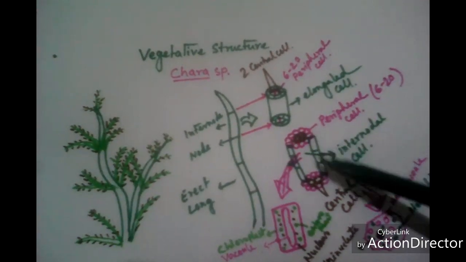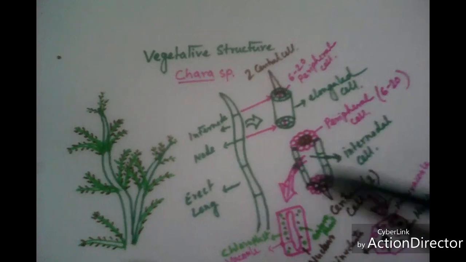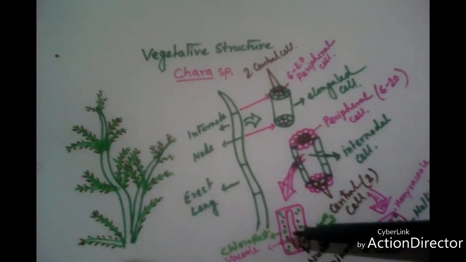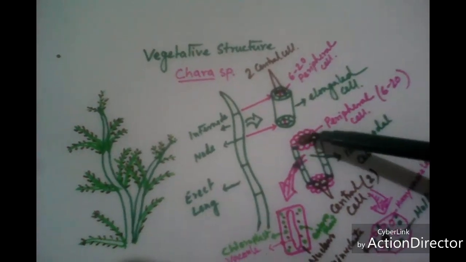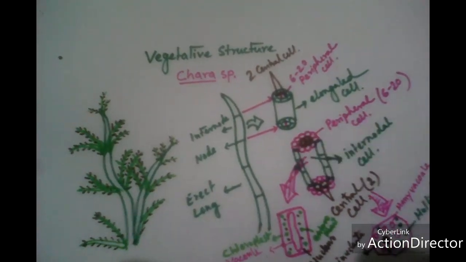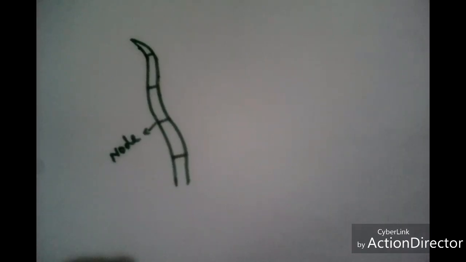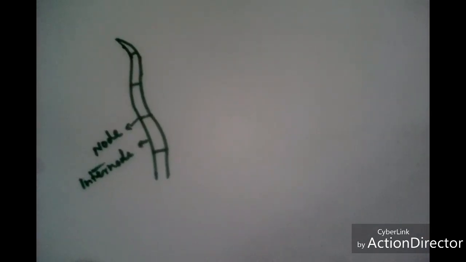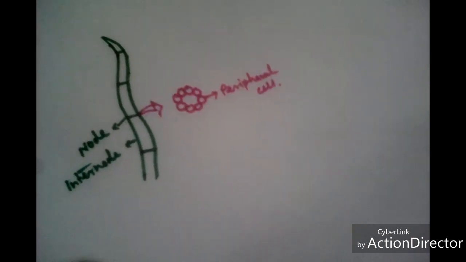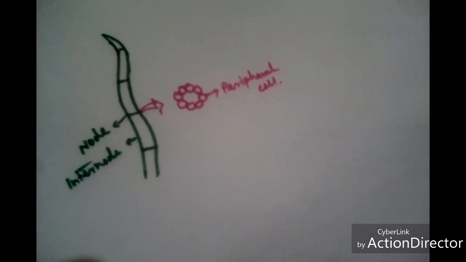So this is the cortical cell, this is the internodal cell, and this is the peripheral and nodal cell. So this is the main axis of Chara, with node region and internode region, and we know the node region contains 6 to 20 peripheral cells and 2 central cells.